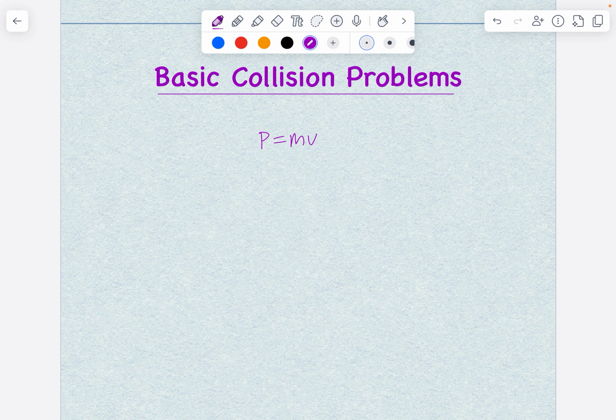In a collision, if there are no big outside forces, the total momentum is conserved. So what that means and how we can write that is you can think about it as the momentum before collision is equal to momentum after.